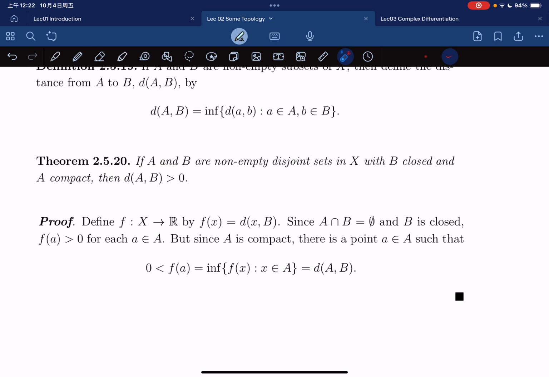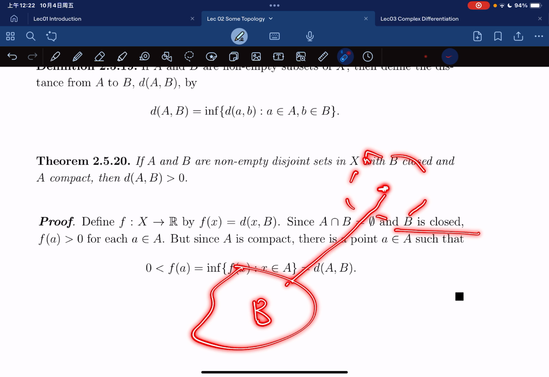A and B are disjoint, and B is closed, which means that f(a) will be positive for each a in A. Because B is closed, if you pick a point, you can find a ball around it, so the distance will be positive. And we apply the EVT because we run through all the compact sets and so on.